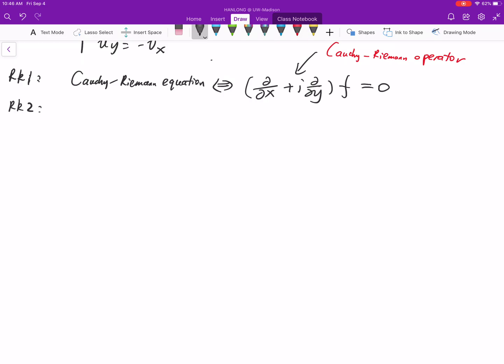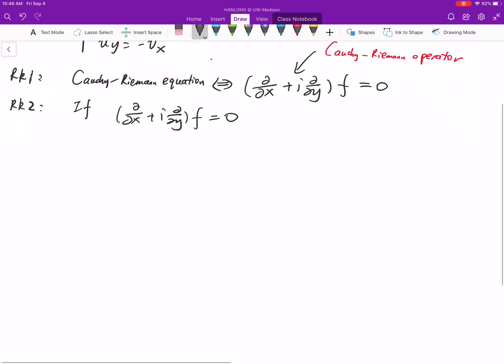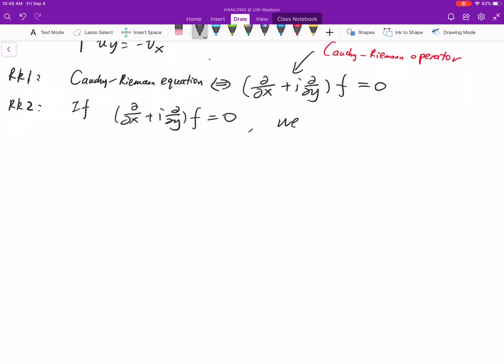Remark 2: if (partial x plus i partial y) f equals 0, or f satisfies the Cauchy-Riemann equations, then we denote the complex derivative by f prime.